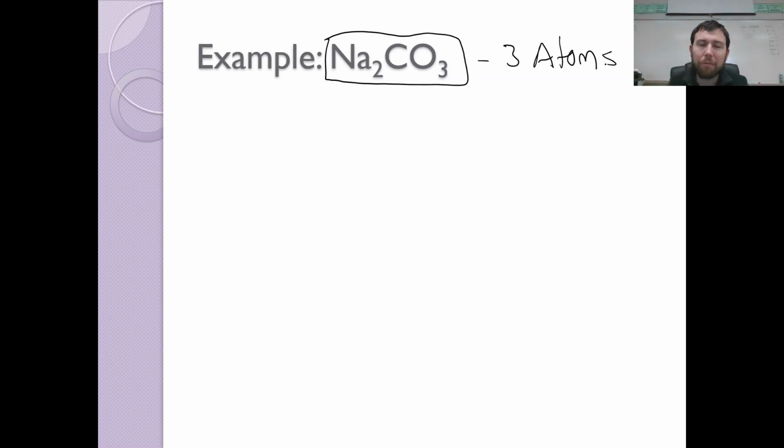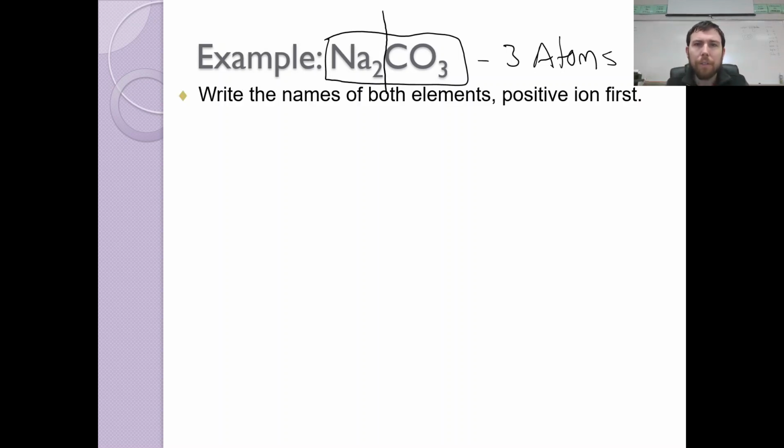And because there are 3 atoms, that's going to let me know, and it should let you guys know, hey, I've got a polyatomic ion in this compound, right? Now, if we split this, we're going to split it where it's the sodium and then this CO3 portion.